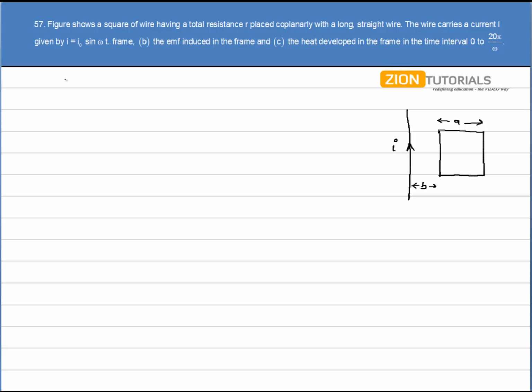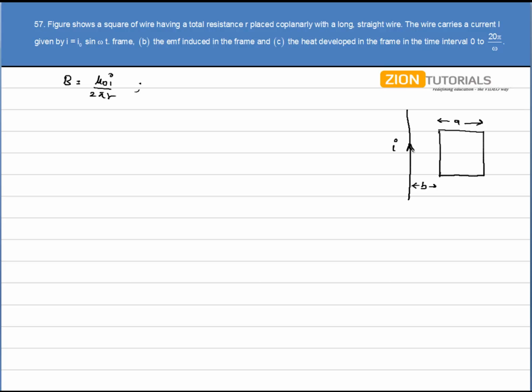The first thing we have to note here is that the magnetic field due to a straight current carrying conductor is given by mu naught I by 2 pi R, where R is the perpendicular distance from the current carrying conductor. Another thing is that by the right hand thumb rule I can calculate the direction of magnetic field.